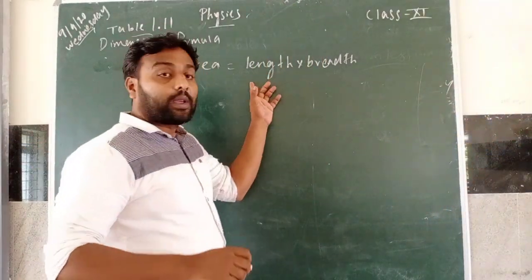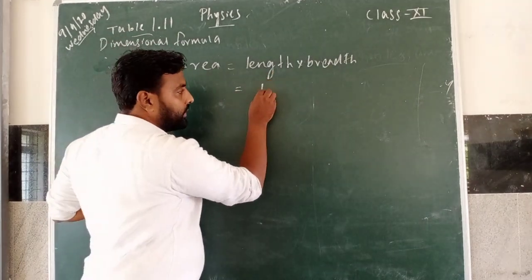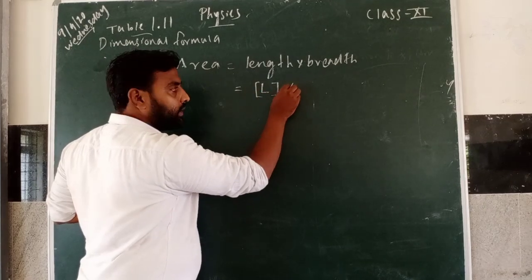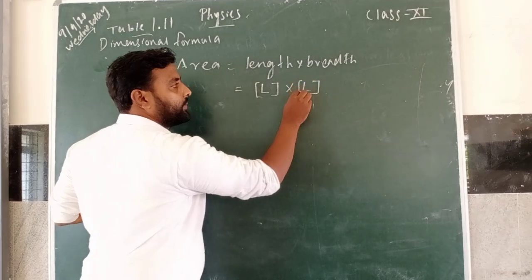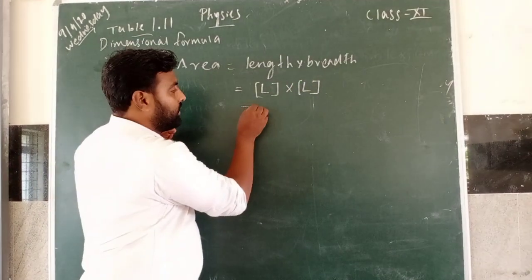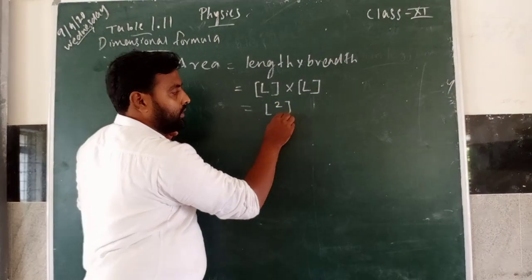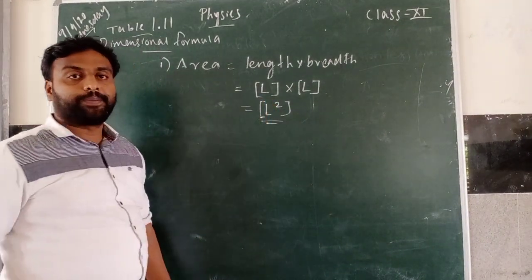So you can write the dimension. Length is L. Breadth, again, is L. So L into L is L square. This is the dimensional formula for area.